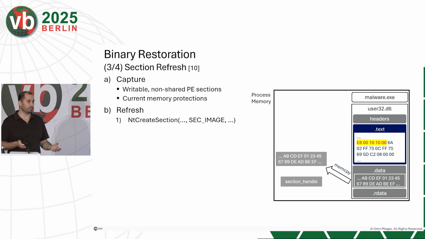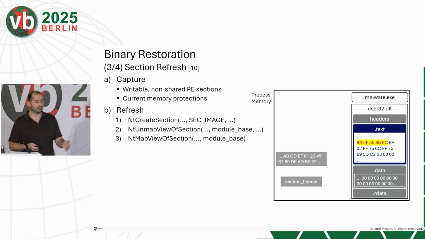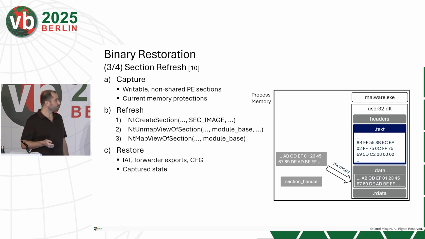We need to obtain a handle to the section for this, then unmap the code from memory and map it again at the same address it was. And then restore all the data sections and state of the DLL.